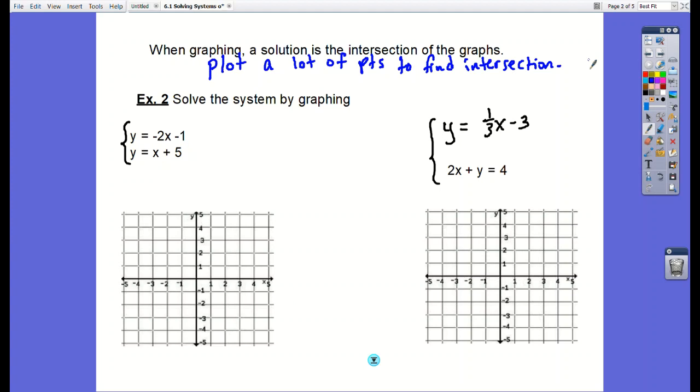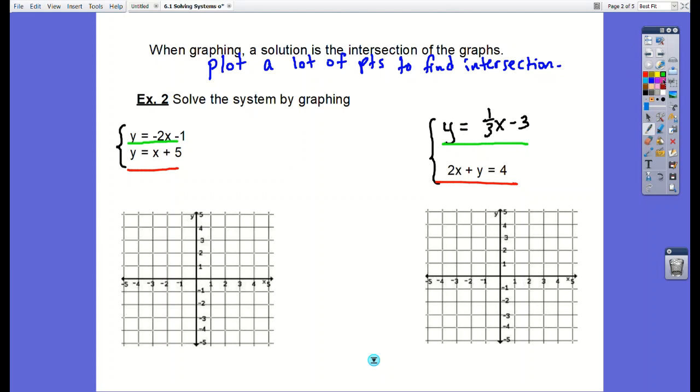And I'm just going to tell you guys that for any problem you see from me in class, on the homework, on a quiz, on a test, for graphing only, I guarantee the answers are going to be integers. So if you get a fraction as an answer, you know you're wrong when it comes to graphing. So plot these points. Graph your y-intercept, count your slope. Where do these intersect? And then don't forget to check your work.